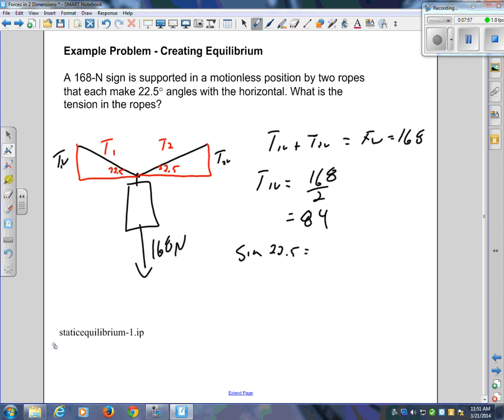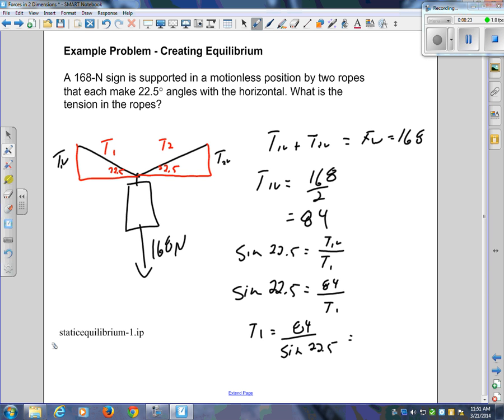My opposite is my T1V, and my hypotenuse is my T1. But what is my T1V? 84. So sine 22.5 is equal to 84 over T1. So your tension is going to be 84 over the sine of 22.5.